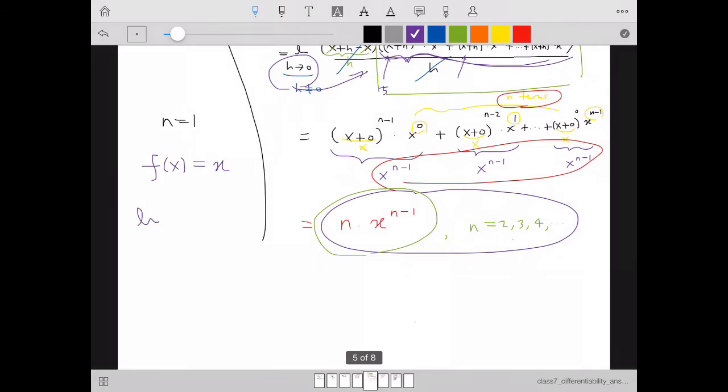So at any x, f prime of x is the limit as h approaches 0 of f of x plus h minus f of x over h. F of x plus h is nothing but x plus h, and f of x is x.